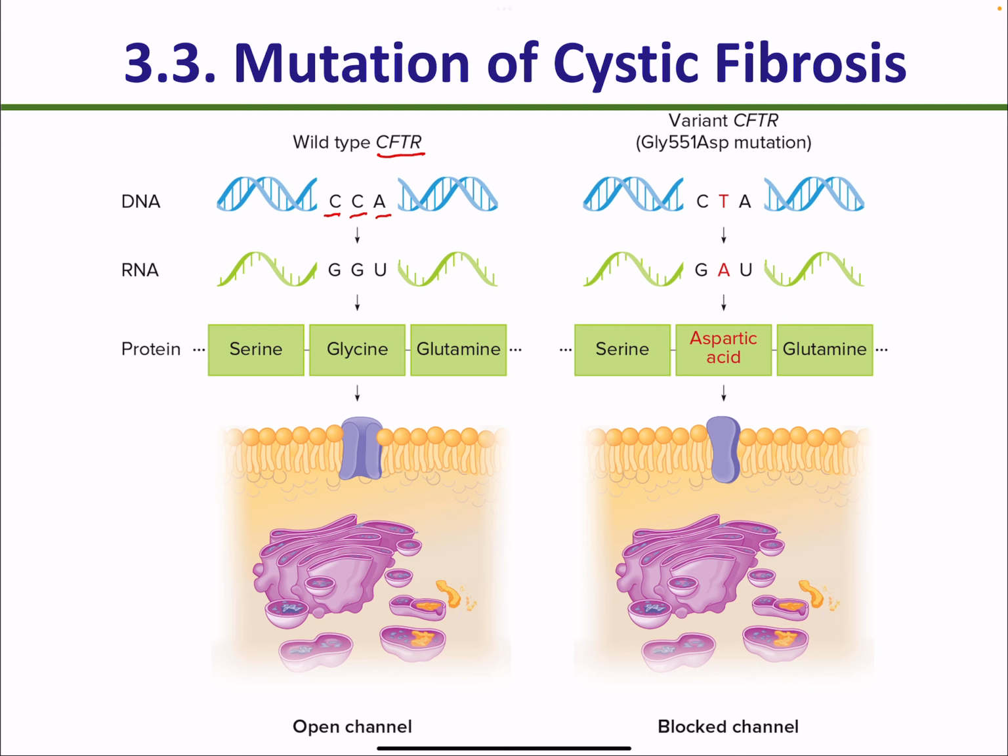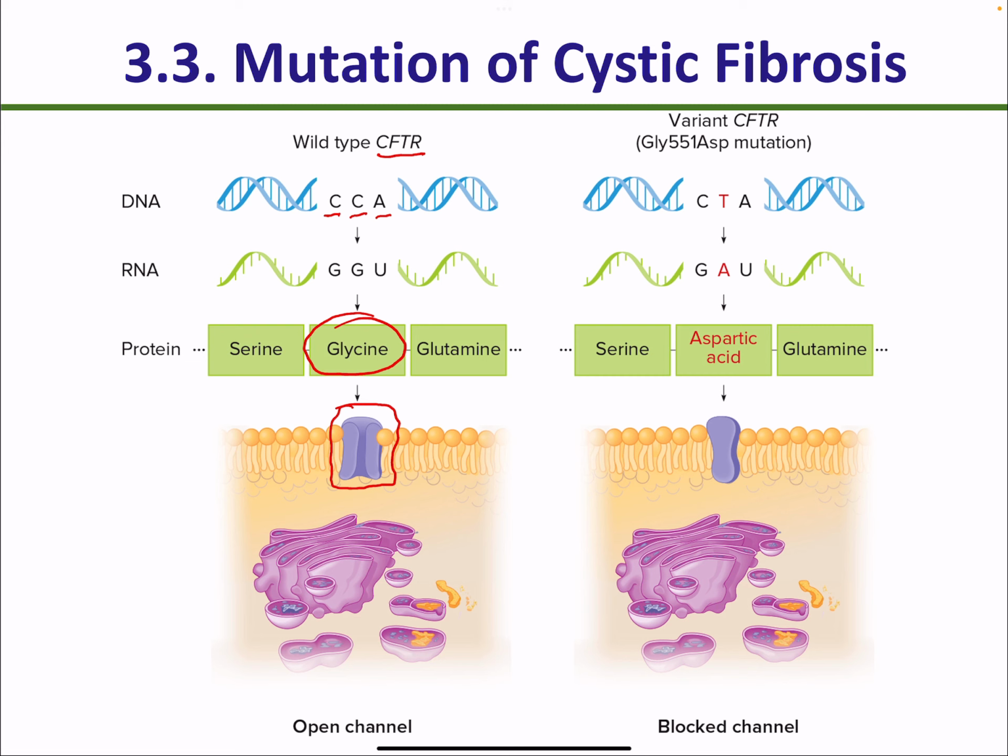And this GGU is going to cause the production of glycine, which is an amino acid. And when we have a wild type copy of CFTR with the presence of glycine, we're going to have a nice channel that is embedded in the plasma membrane, allowing a proper movement of chloride ions in and out of the cell and maintaining a normal amount of mucus across the membrane.